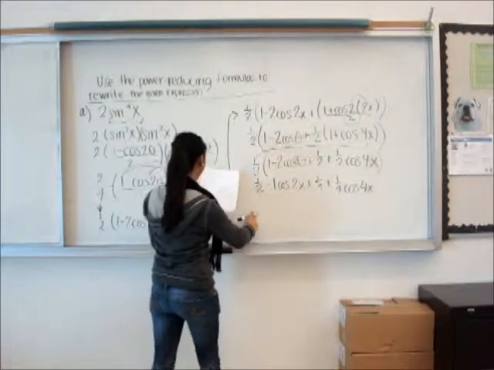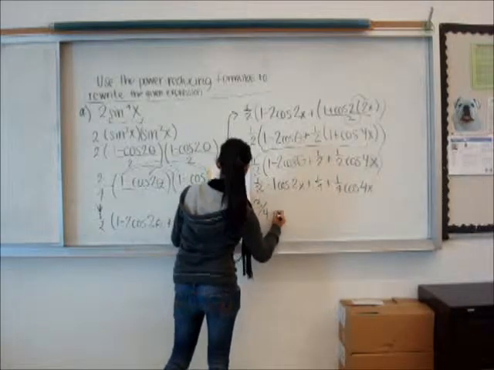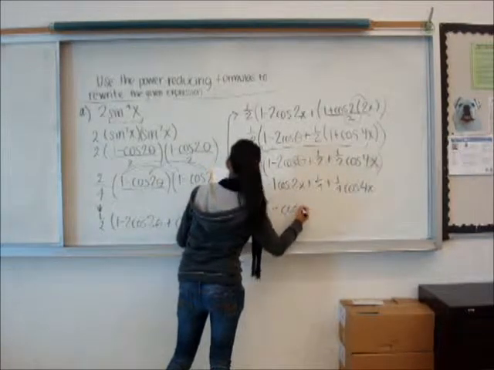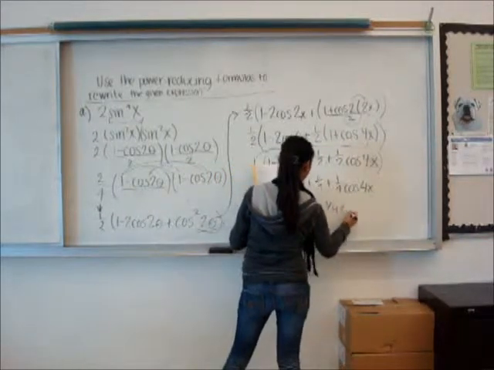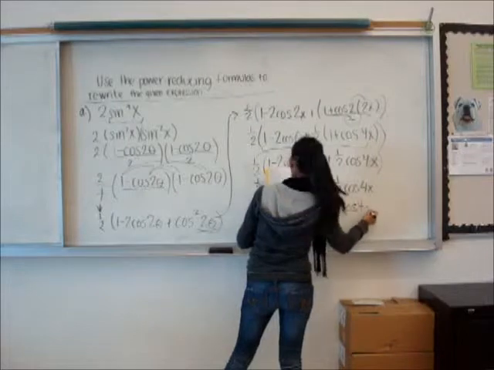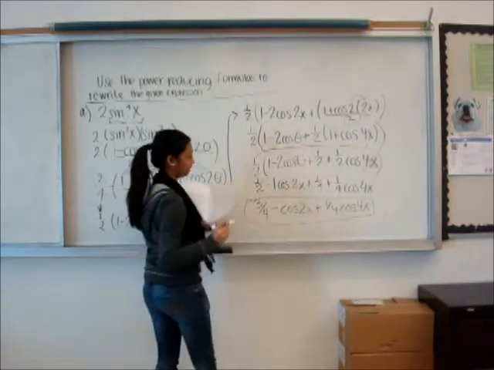And from there you simplify and you get 3/4 minus cosine 2x plus 1/4 cosine 4x. And that is your answer.